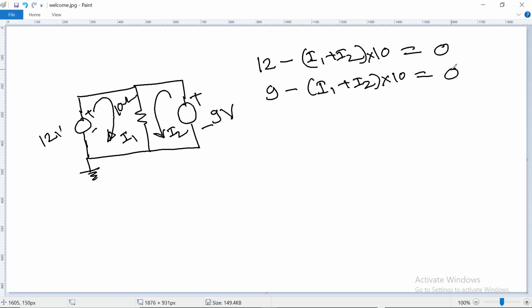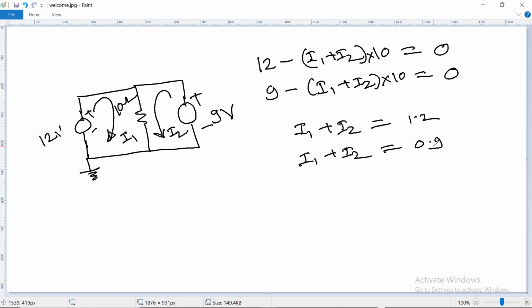Though there are two equations, there is no solution, because from one equation we get I1 plus I2 equal to 1.2, and from the other we get I1 plus I2 equal to 0.9.